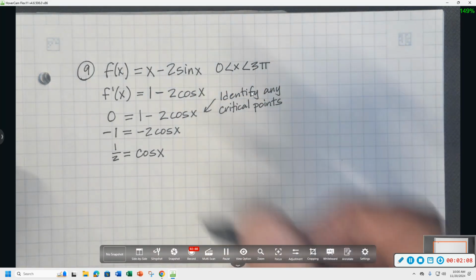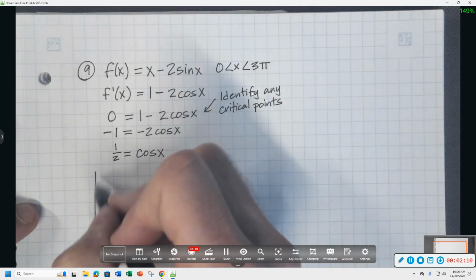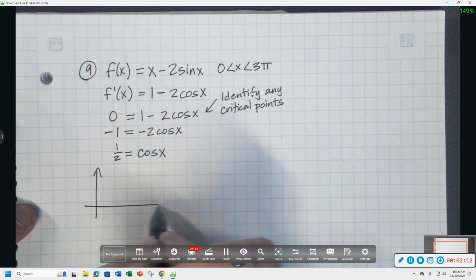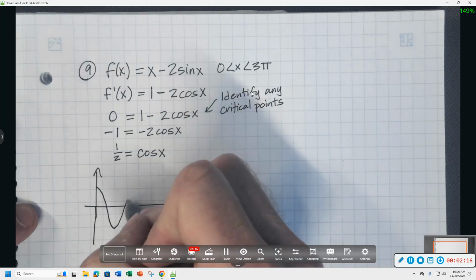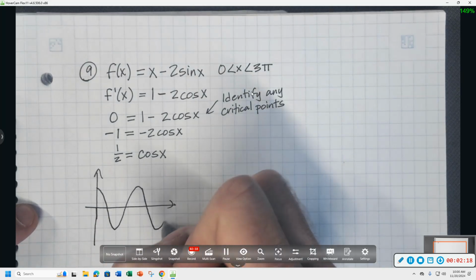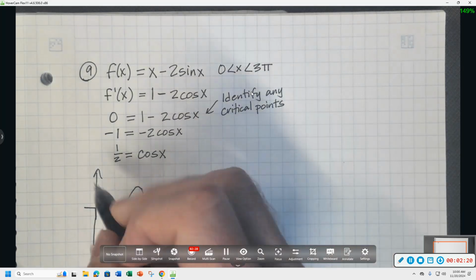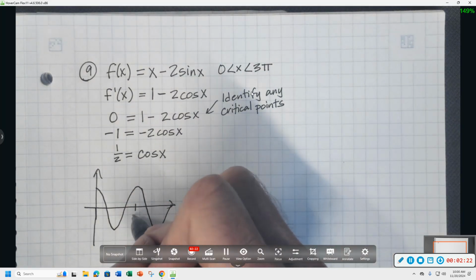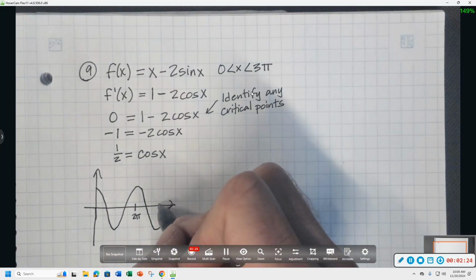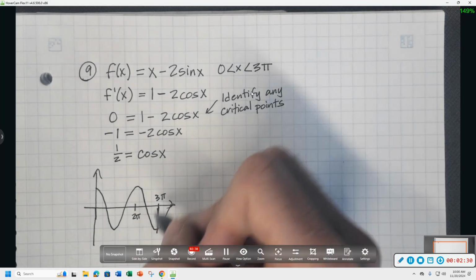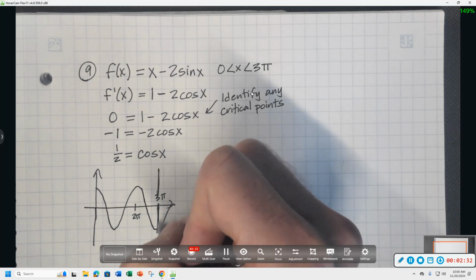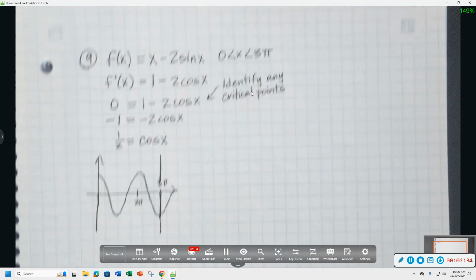Cosine of x, if I'm thinking about that graph, going up and down, up and down. This right here is 2 pi. This right here is 3 pi. So this is like our cutoff point for our graph.